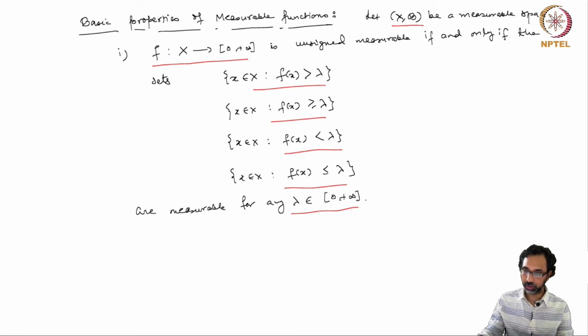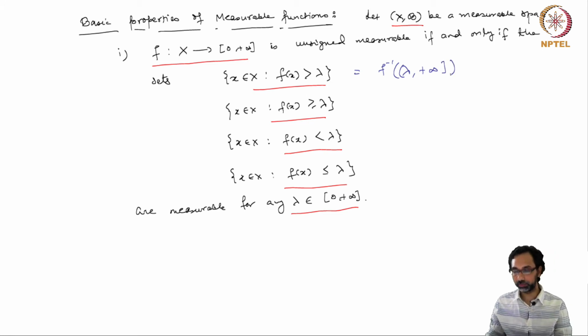Rather than giving a proof, I will just mention in one line what the reasons are. The set where f(x) is greater than lambda is equal to f inverse of the open interval (lambda, plus infinity), and so this is open, and so this is measurable.